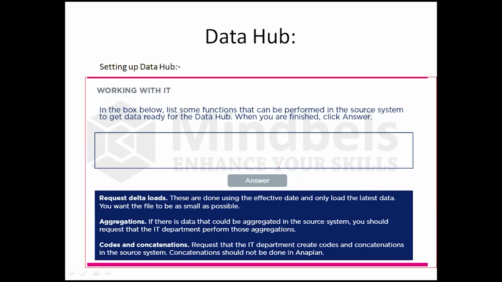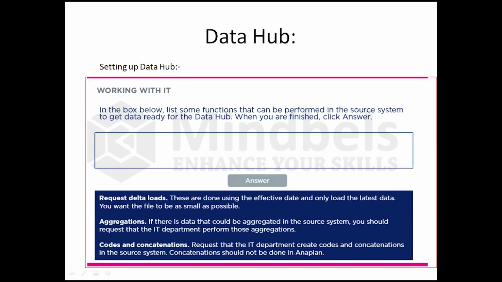Okay, okay. So what I was saying, requesting delta loads means what? Only incremental data, right? And aggregation means what? If some aggregation is required, suppose some summation is required, summarizing the data, they are saying it should also happen in the source system. Now, codes and concatenation.